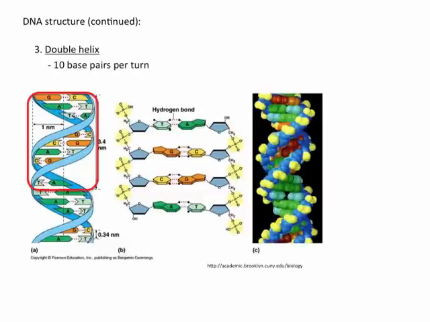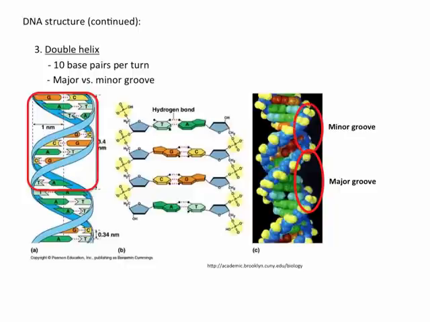If you look carefully at the double helix, you'll see some asymmetry, resulting in a large groove or cleft wrapping around one side of the helix, and a smaller groove wrapping around the opposite side. The large groove is called the major groove, and the smaller is the minor groove, and both are important for the binding of specific proteins to the DNA that we'll talk about later in the semester.